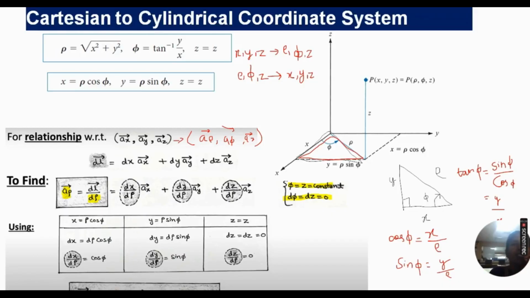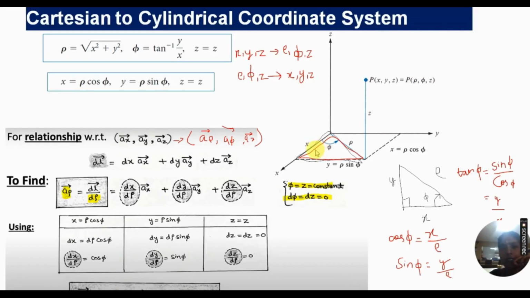Now let us understand how to convert a given point in Cartesian coordinates to cylindrical, as well as the reverse. To do that, we consider a point with x, y, z coordinates that is equal to the cylindrical coordinates rho, phi, and z.